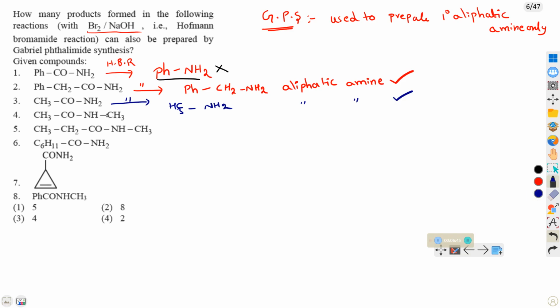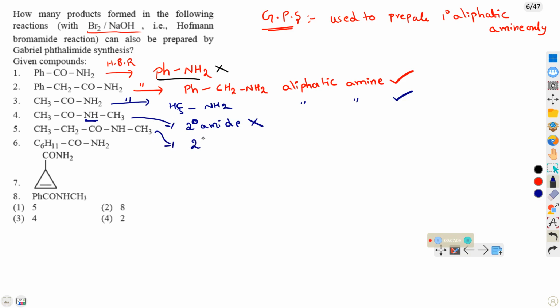Next one. This is a 2-degree amide, so it does not participate in Hofmann bromamide reaction.